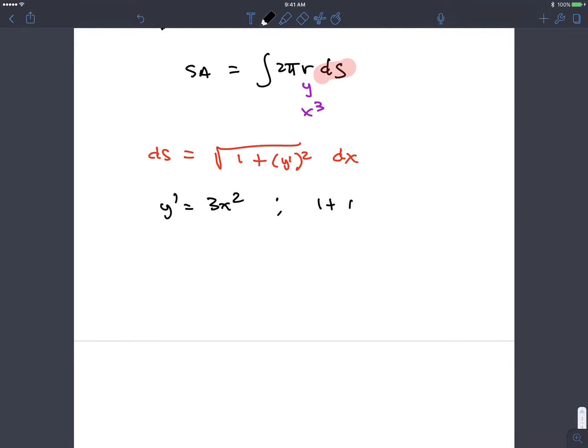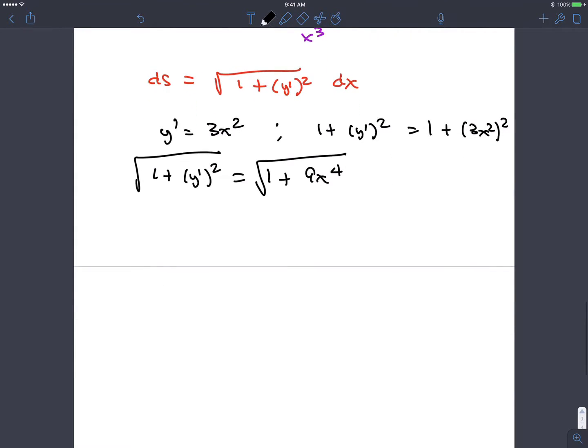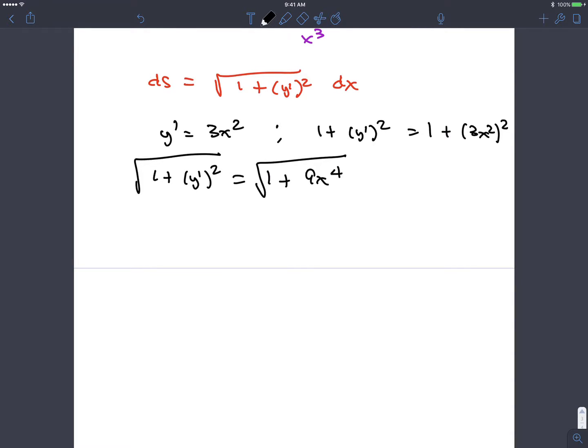Okay, and so 1 plus y prime squared becomes 1 plus 3x squared squared, or 1 plus 9x to the 4th power. And so you need the square root of 1 plus 9x to the 4th power here. That's going to be our ds.